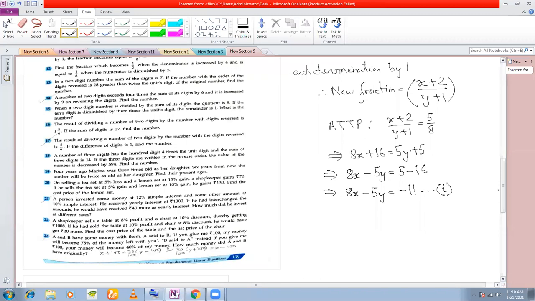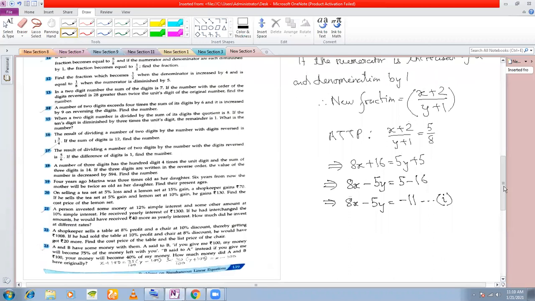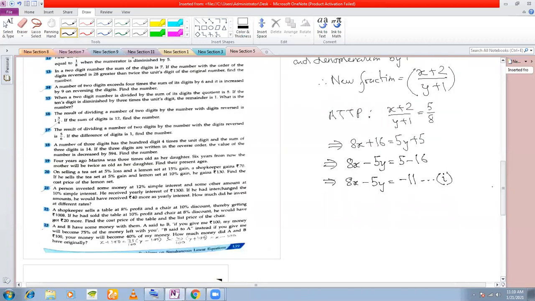Now we'll get the second equation from the second condition. The second condition is: if the numerator and denominator are each diminished by 1, the numerator becomes x minus 1 and the denominator y minus 1.